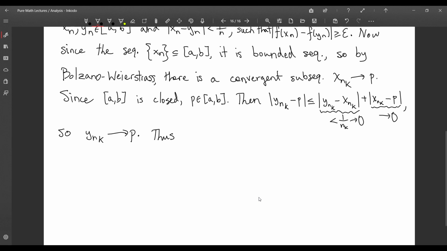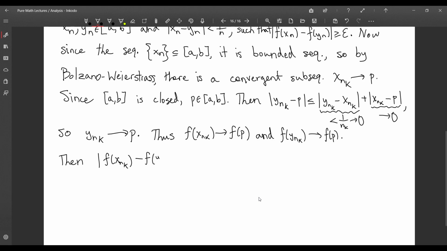Thus, since continuity preserves limits, we have f of x sub n sub k converges to f of P, and f of y sub n sub k also converges to f of P. Then if we look at the distance between f of x sub n sub k and f of y sub n sub k, since these two sequences are getting closer and closer to the same point, they're getting closer and closer to each other, right?